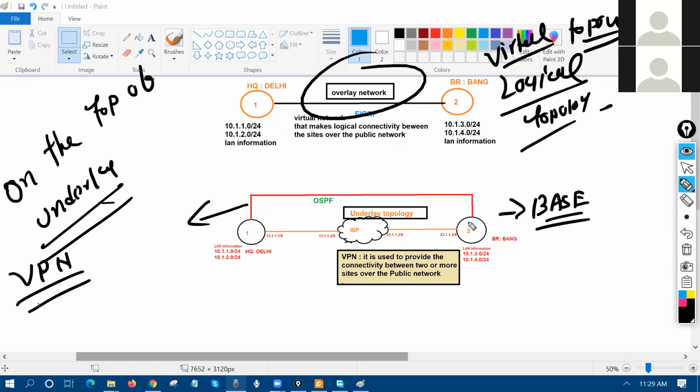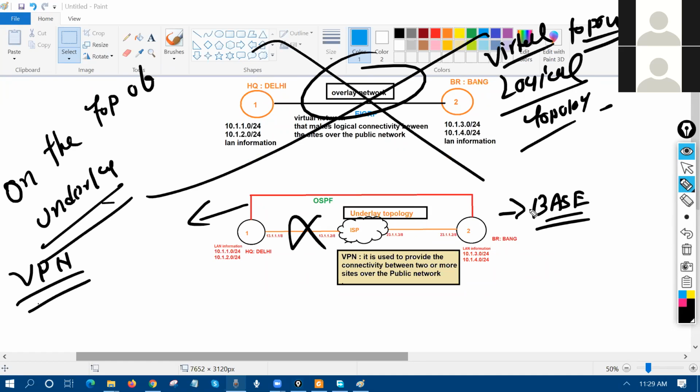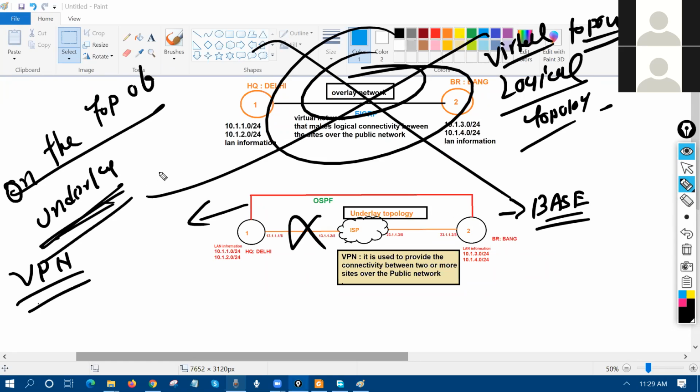Clear now? So basically, if this topology is existing, then we have this topology. If this topology is no more, for example if this link goes down, my complete overlay will be down. So this overlay totally exists on the underlay. On the top of the underlay, we have an overlay network, right?